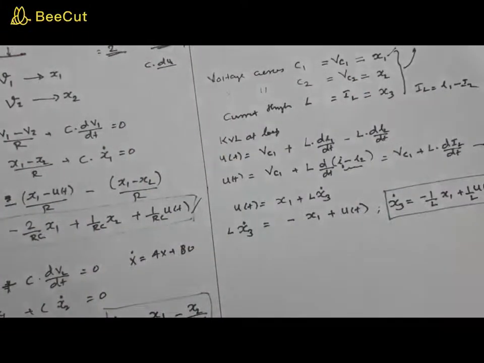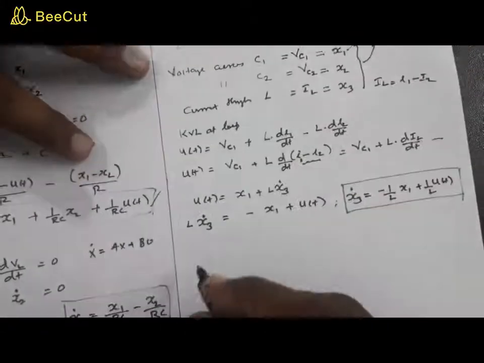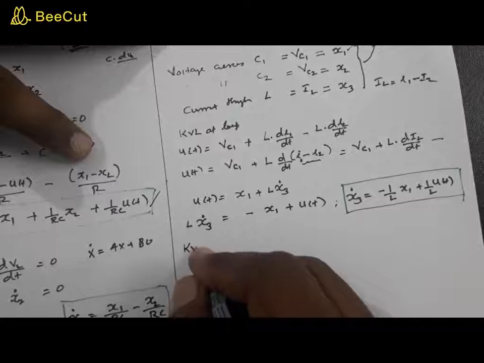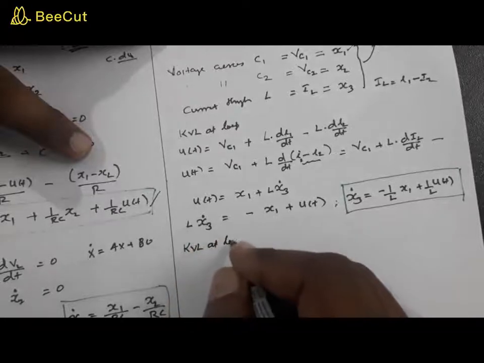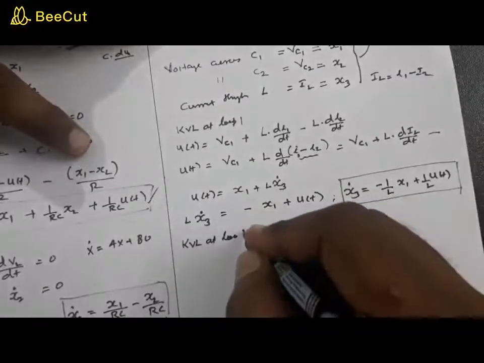Now you can have the second loop equation, that is KVL at loop 2. This is loop 1 and this is loop 2.